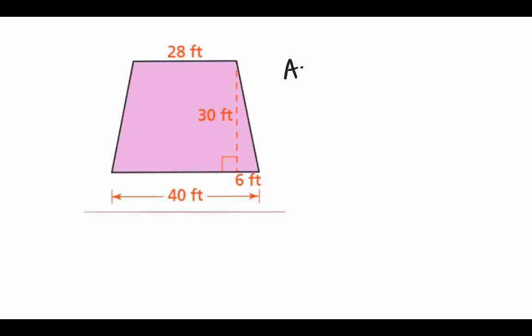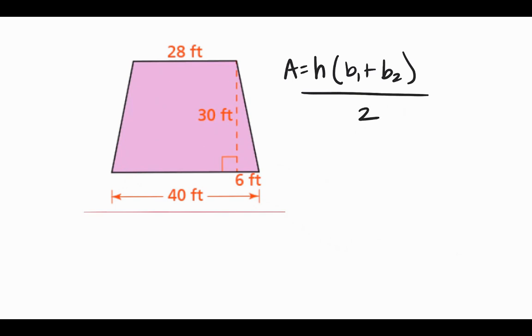So we know the trapezoid formula is the height, which is right here, times the first base, plus the second base, or I call big base, the bottom base here, and divide that all by 2.